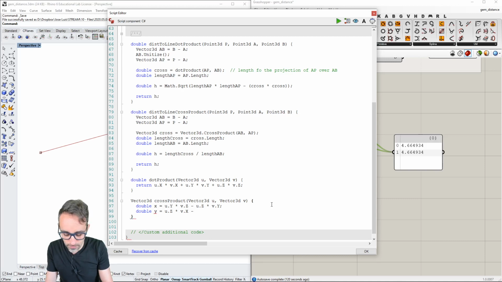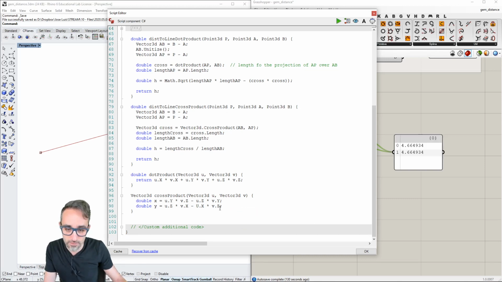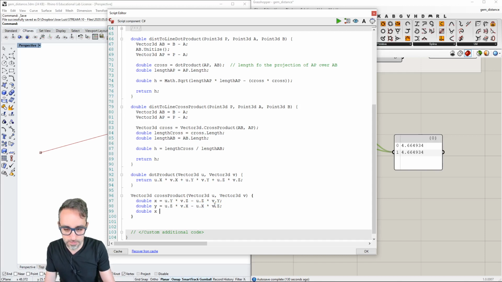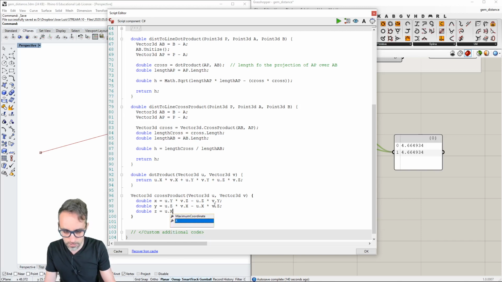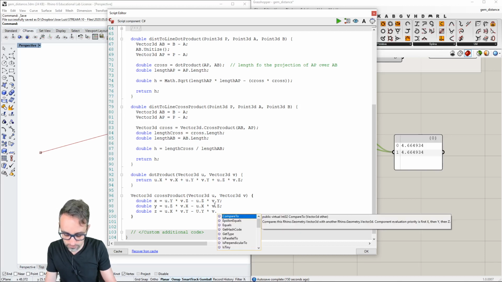Minus u.x times v.z. And you can see that there's a little bit of logic here of how things flip. And then z is going to be equal to u.x times v.y minus u.y times v.x.